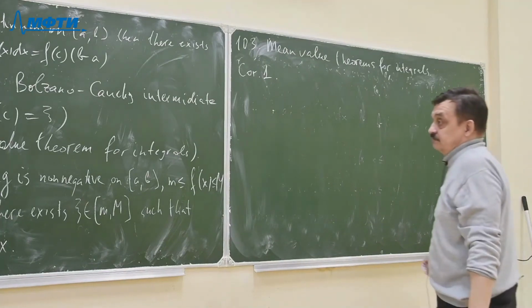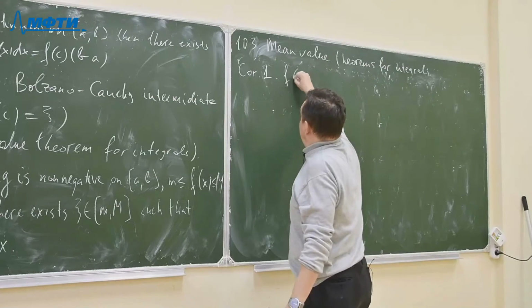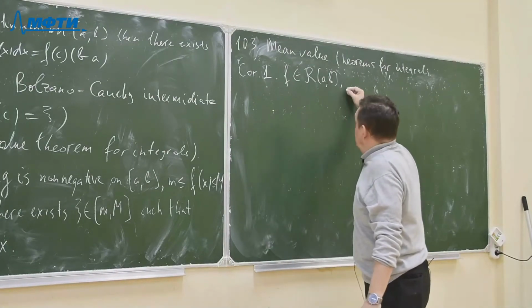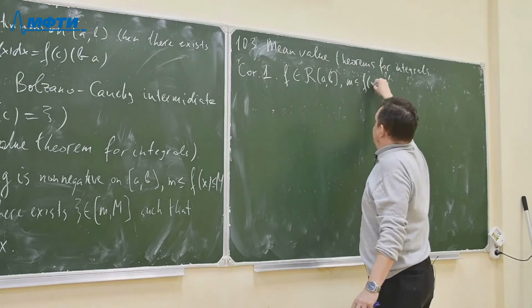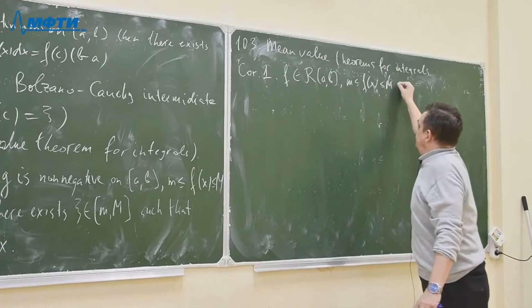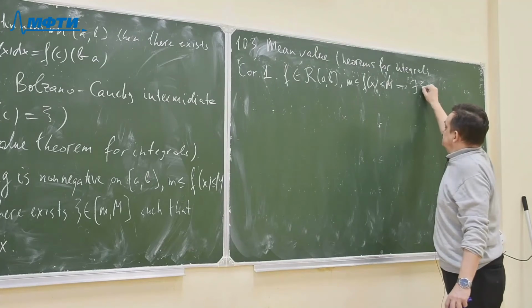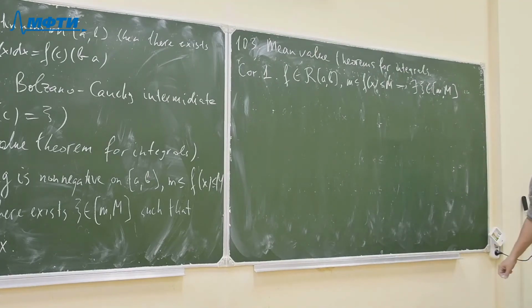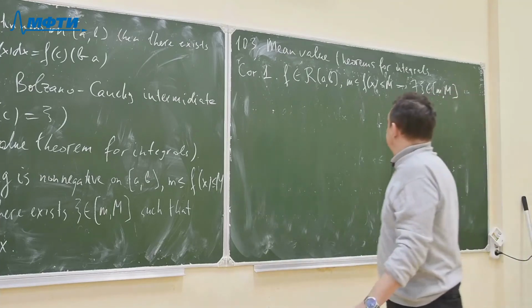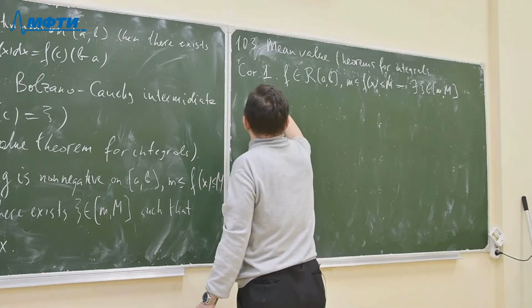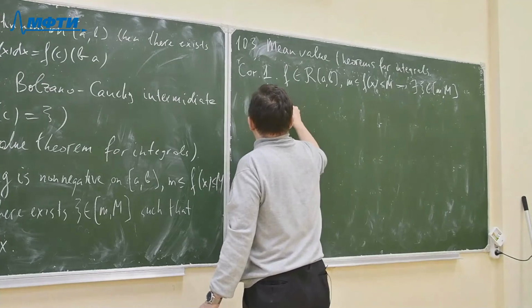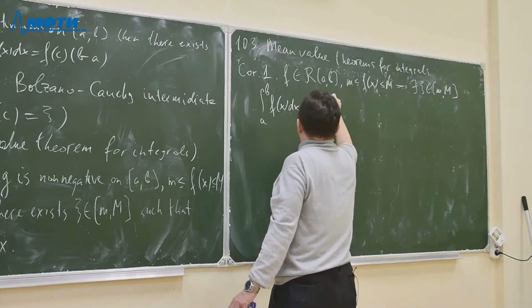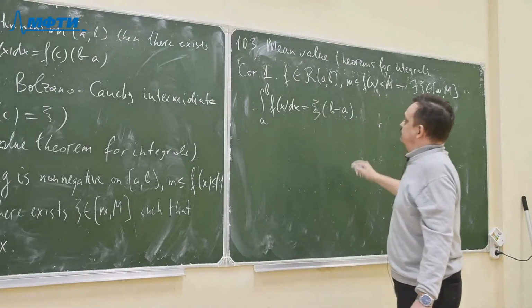So, f is Riemann integrable, m is less or equal to f(x) less or equal to capital M, then there exists xi in the interval between little m and capital M, such that the integral from a to b of f(x) dx equals xi times b minus a.